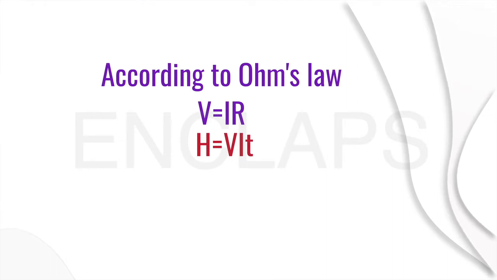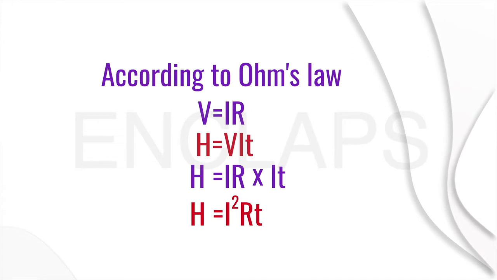Substituting the value of V from Ohm's law into H, we get H is equal to IR into IT. I and I together become I square. Therefore, H is equal to I square RT. This is the second equation of heat.